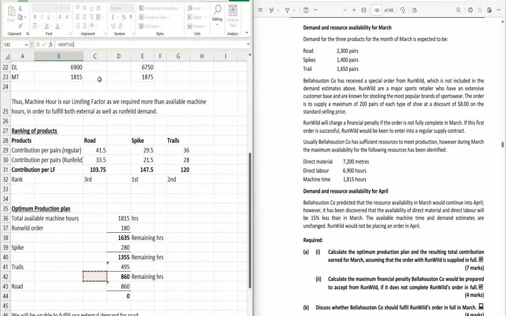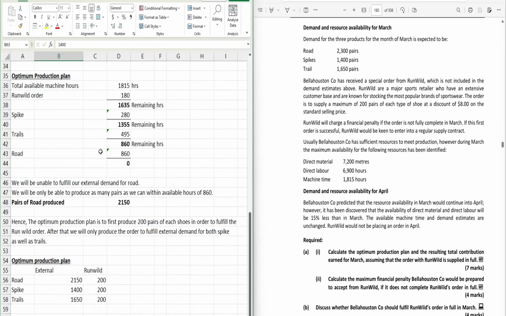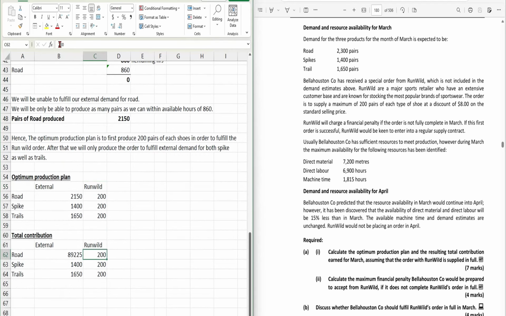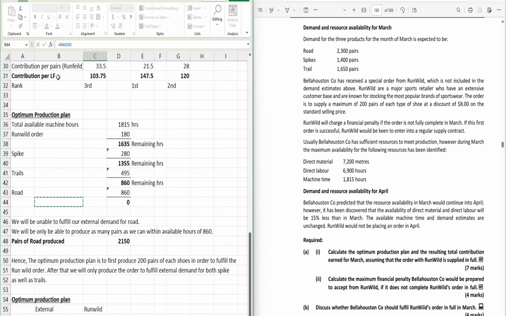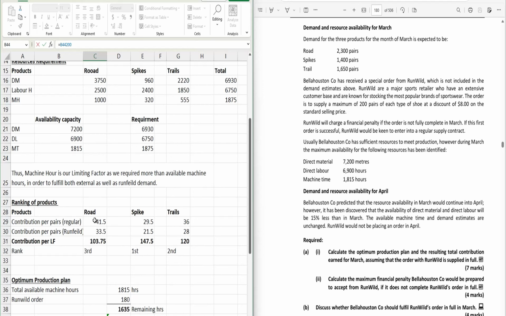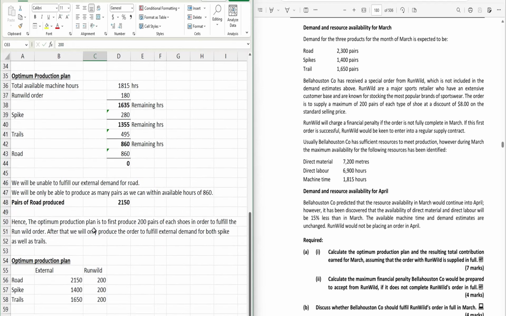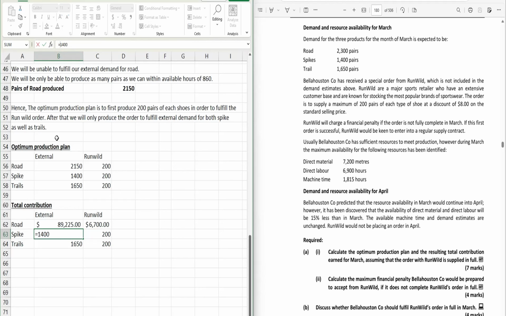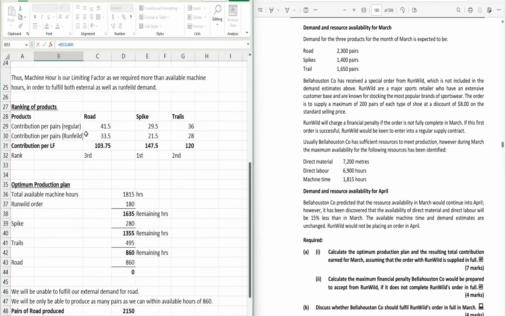You can see contribution for the road is 41.5, and for Run Wild we can go above. So multiply. This one is the monetary value, so we will put dollar. And similarly for the spike, how much contribution has been earned?